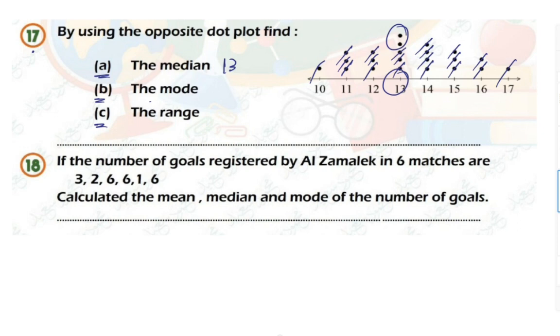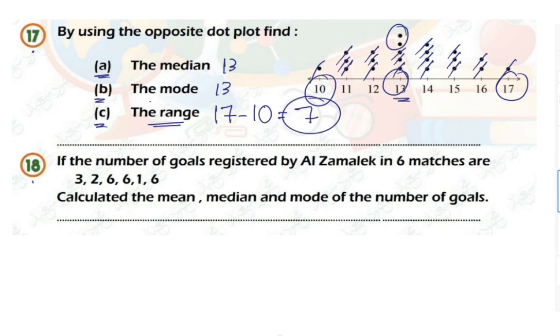Which one has the biggest frequency? That's also 13. And the range, where is the maximum or greatest value? Where is the smallest value? So 17 minus 10, that equals 7.